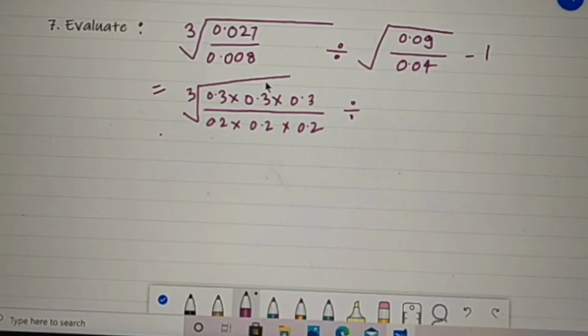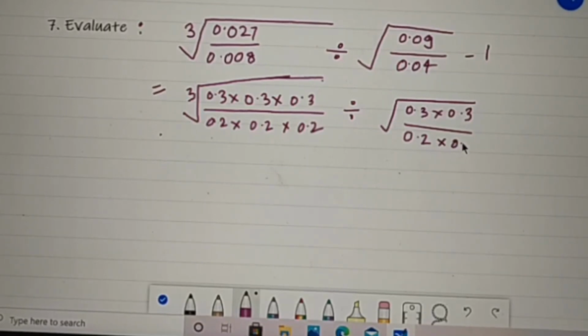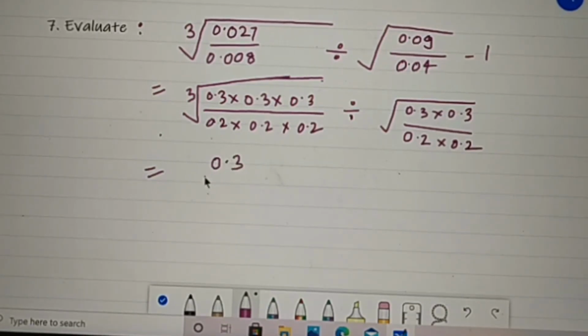Then divide by this, which is 0.3 into 0.3, 3 threes are 9, and this is 0.2 into 0.2. And as it is a cube root, we take out of each triplet one number, 0.3 and 0.2.